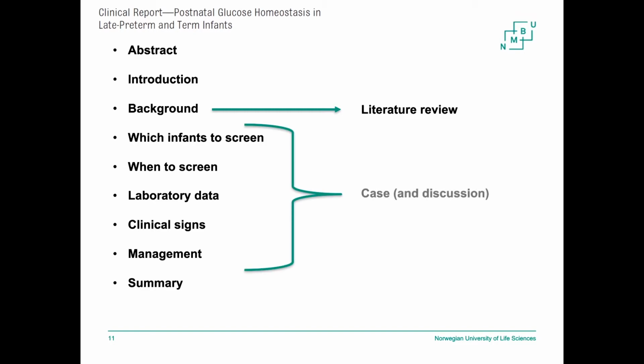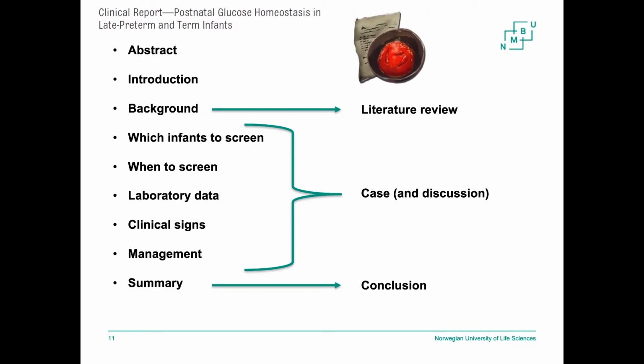This section here is the case, and they've merged the discussion section together within that. And from this same clinical report, the summary is the conclusion. So we're following a very similar recipe, but we are changing it a little bit to fit how we're trying to produce this clinical report, if we were the authors of the postnatal glucose homeostasis article.